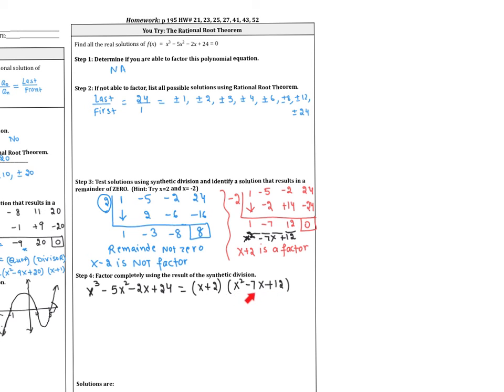So we can use the cross method. Remember, in the cross method, on the top you have 12, on the bottom you have negative 7. The two numbers you're looking for, when you multiply give 12 and when you add give negative 7, are negative 3 and negative 4.